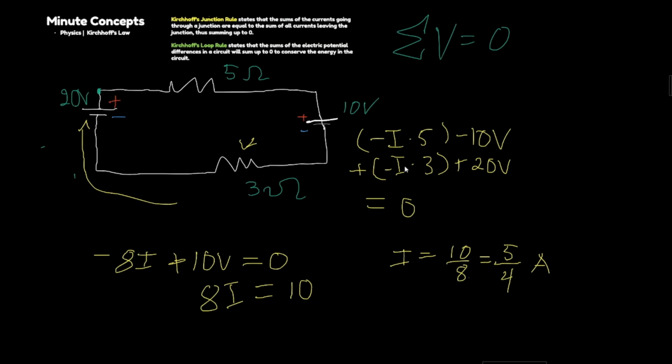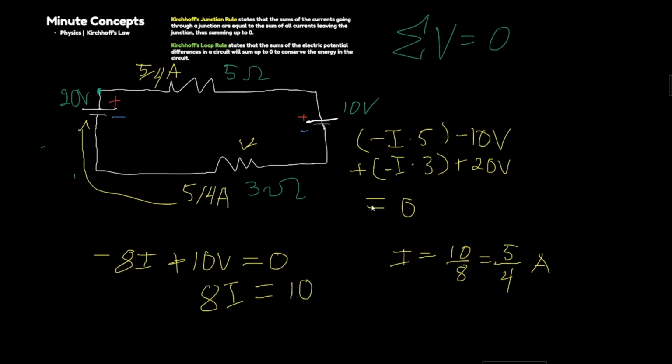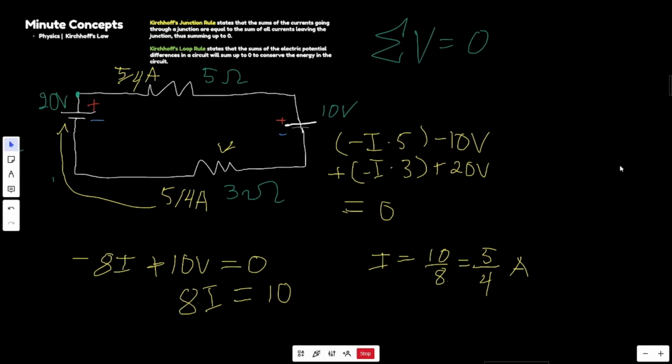Now, we can assign the currents there. So we can put 5 over 4 amperes, 5 over 4 amperes. And we can start adding the voltages to see if they actually add up to 0. So let's get the voltage of the first resistor. The voltage of the first resistor is going to be IR.